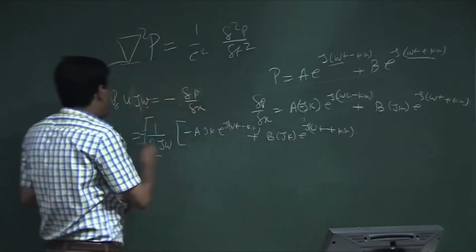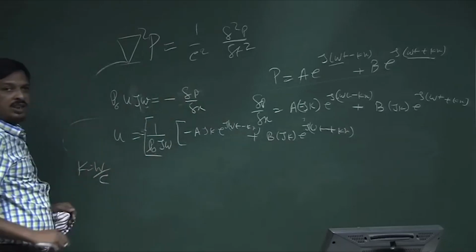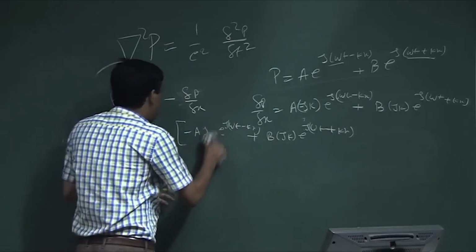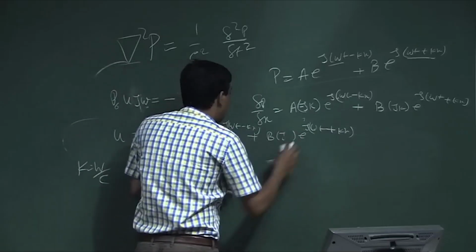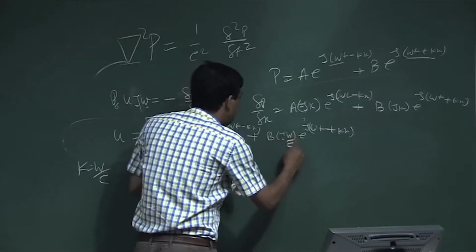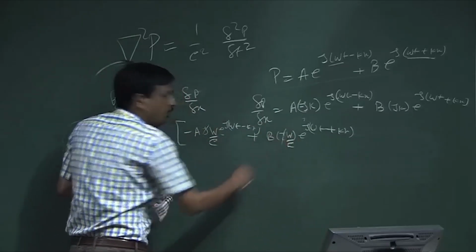Okay. Now what is k? K is nothing but omega by c. So instead of k, I will write omega by c. Now all the j will be cancelled, omega and omega will be cancelled.